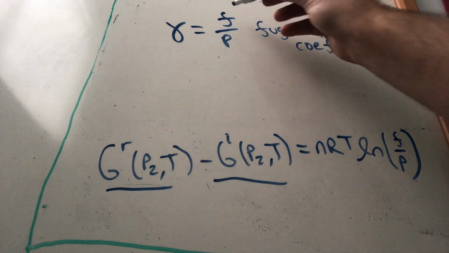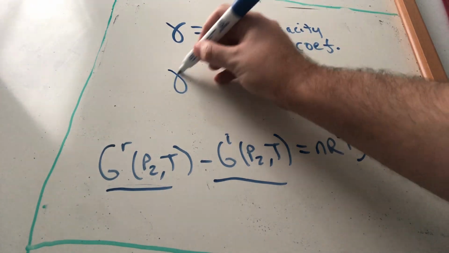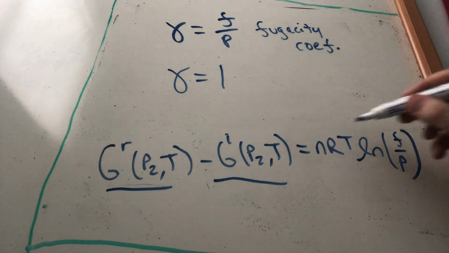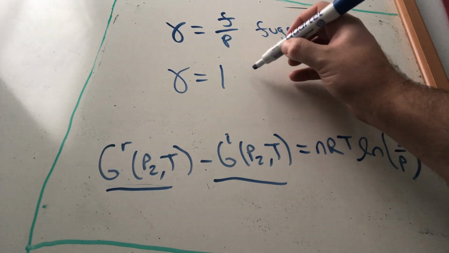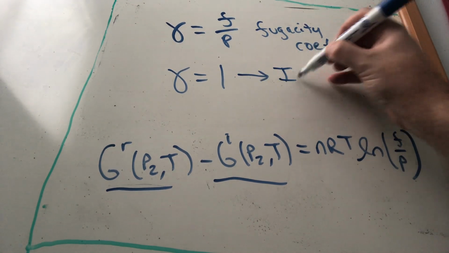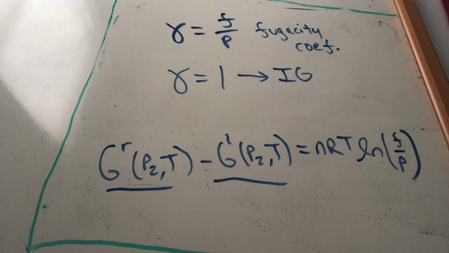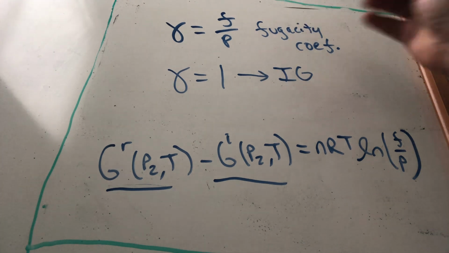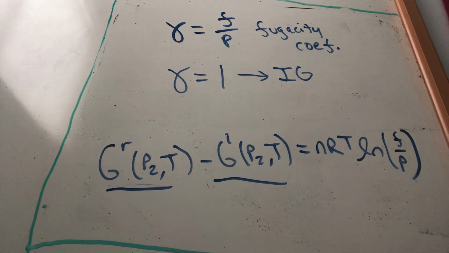The only way this disappears is if F equals P, and if F equals P, gamma equals 1. And if this disappears and I have a 0 here, that means we have an ideal gas. We have ideal gas behavior because the fugacity isn't anything more than the pressure. There are no deviations from ideality.